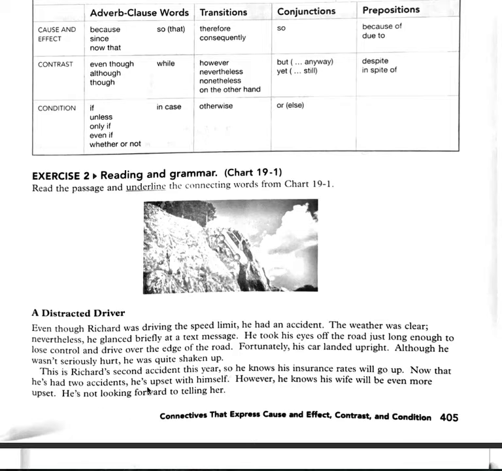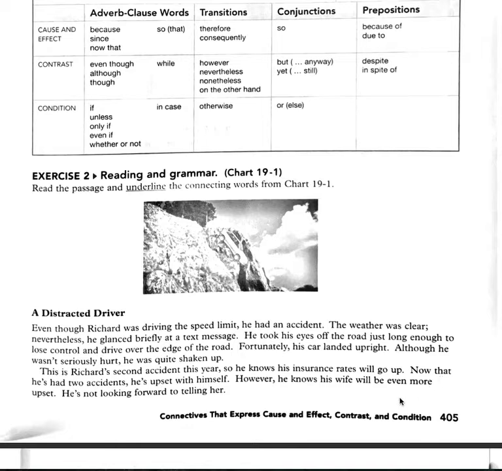Now that he's had 2 accidents, he's upset with himself. Nothing there. However, he knows his wife will be even more upset. However is a transition word, and that shows us contrast also. Oh, I also missed over here, now that. Now that can also be classified as a cause and effect adverb clause word.